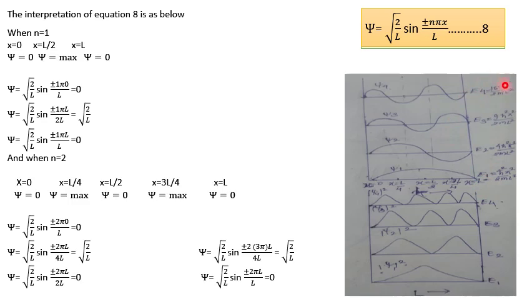So when the values of energy increase, or we are certain in the energy level, this certainty is transferred to the momentum, because E is equal to p square by 2m. So when we are moving to a higher energy level, the uncertainty in the position of finding the particle increases, but the uncertainty in the momentum decreases.